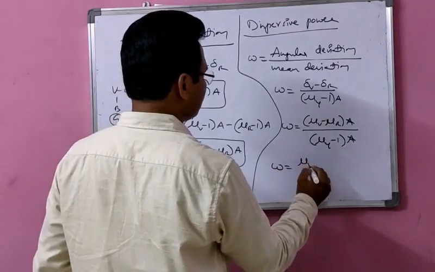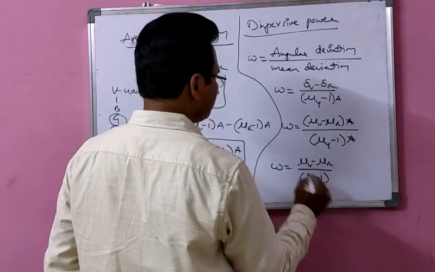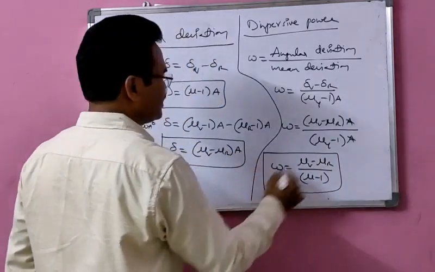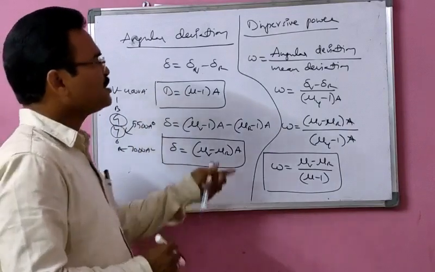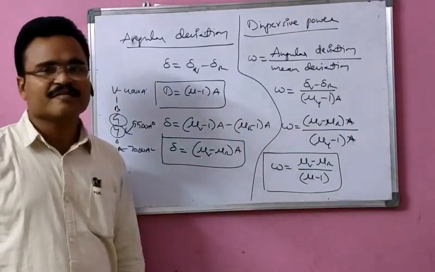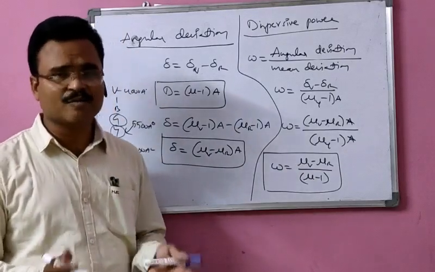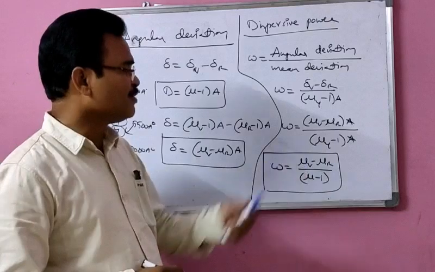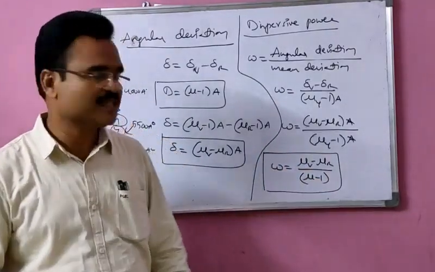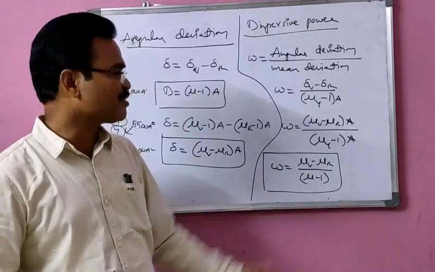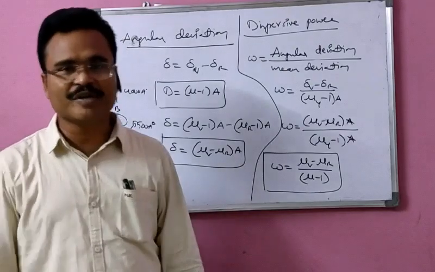Omega equals (mu V minus mu R) by (mu minus 1). Simply I am writing mu minus 1 instead of writing yellow every time. It is understood. So this is the dispersive power definition, which gives you how much light rays undergo dispersion with mu V values. Now this is a dimensionless and unitless physical quantity because it is a ratio of two similar quantities. Mu has no units, so omega also has no units.